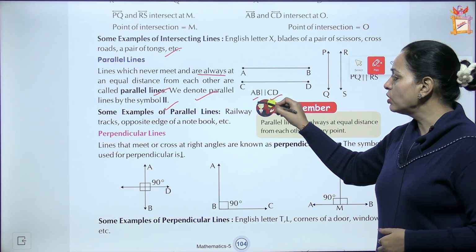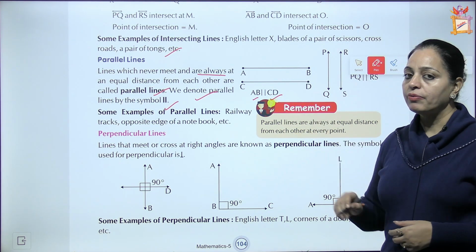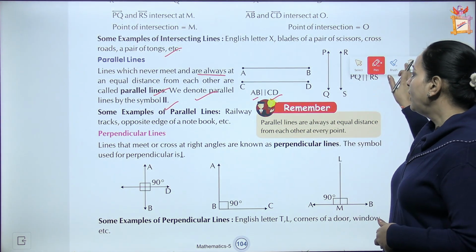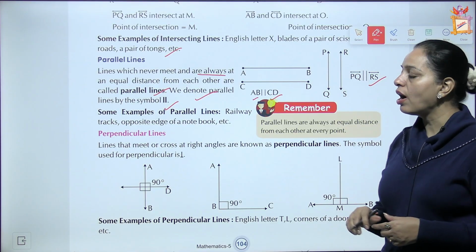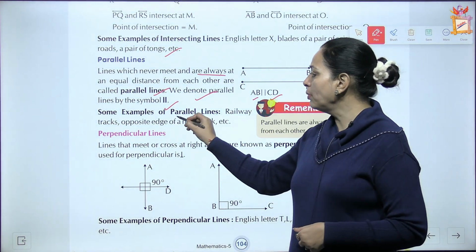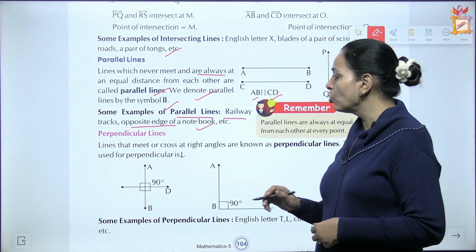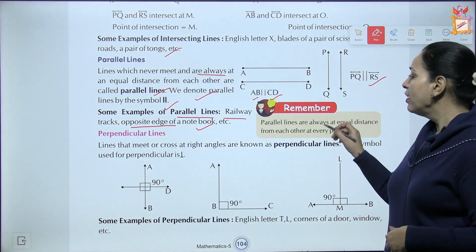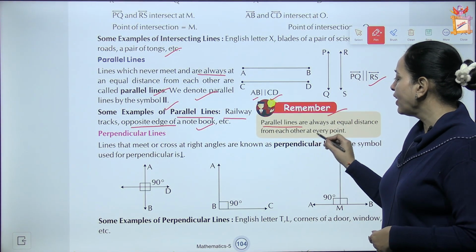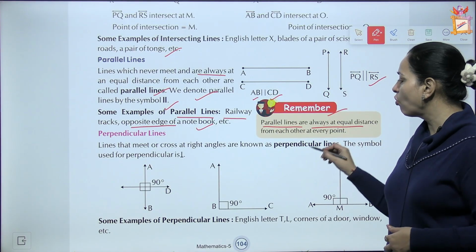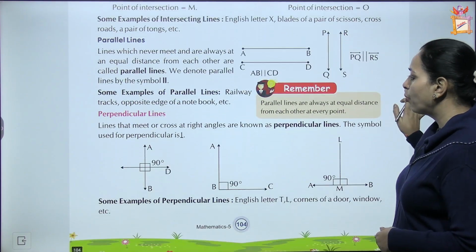AB is parallel to CD and the distance remains the same. Like PQ is parallel to RS. Some examples of parallel lines: railway tracks, opposite edges of a notebook, etc. Remember, parallel lines are always at equal distance from each other at every point.